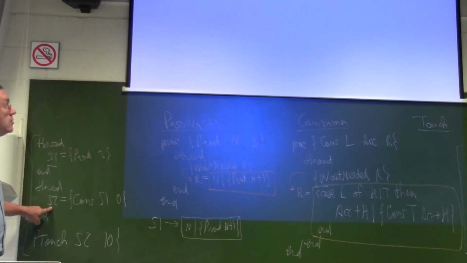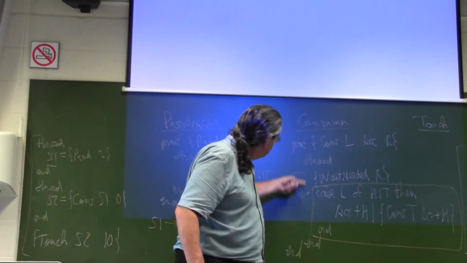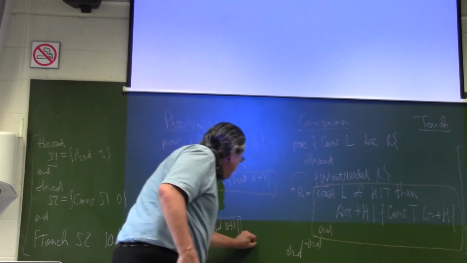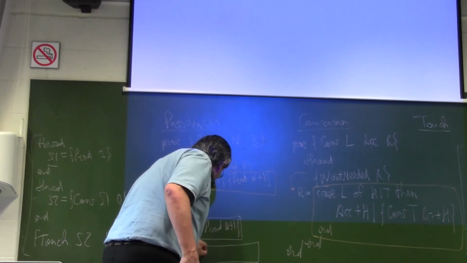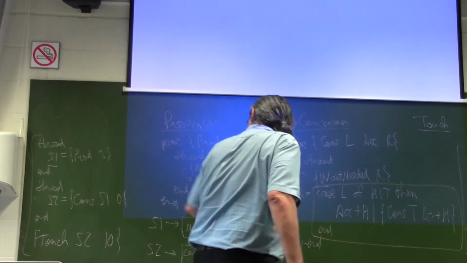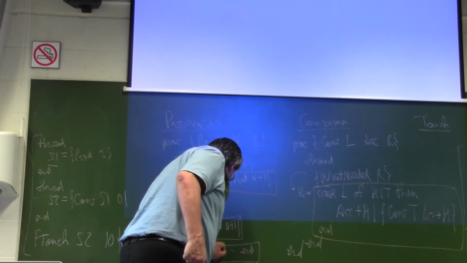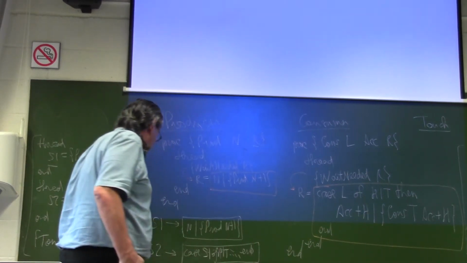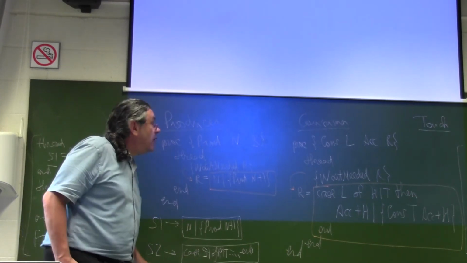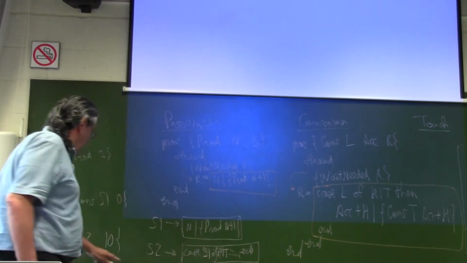And here, S2 is this R, and it's waiting here with another wait needed. So S2 is going to be waiting, and here I have a bigger piece of code, the case statement. Okay, L here is S1. Okay, and now I do touch of S2 10. Okay, I'm doing the touch.